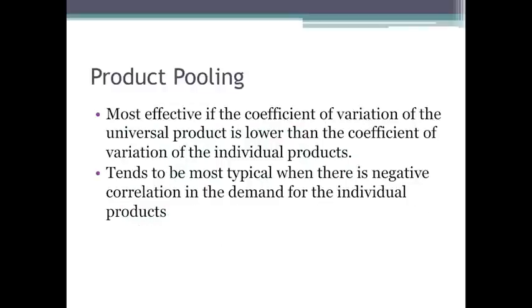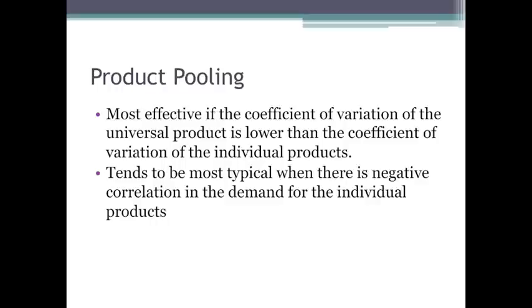So, product pooling is most effective when a couple of things occur. When the coefficient of variation of the universal product is lower than the coefficient of variation of the individual products. And also, it tends to be most effective when there is negative correlation in the demand for the individual products. So, let me give an example. What's meant by negative correlation? The higher the sales of one, the lower the sales of the other.